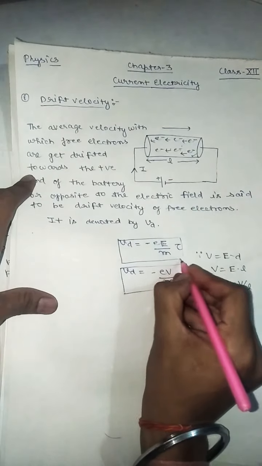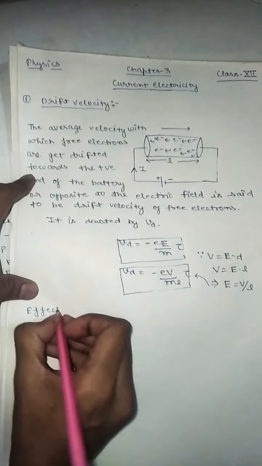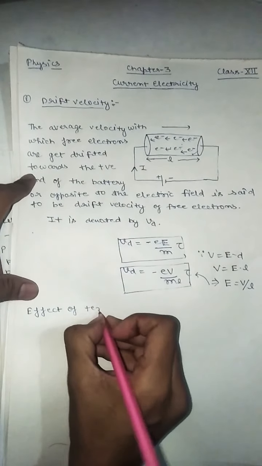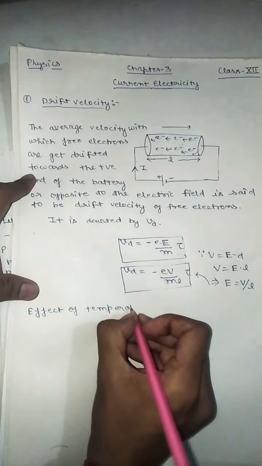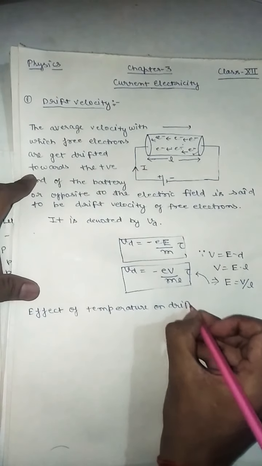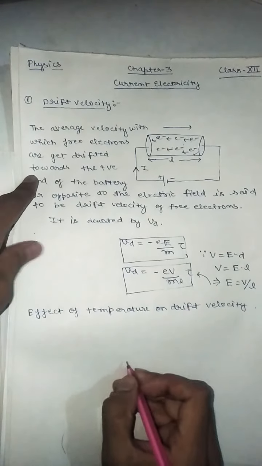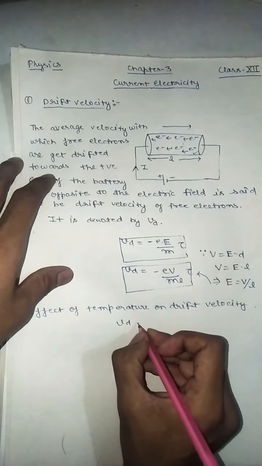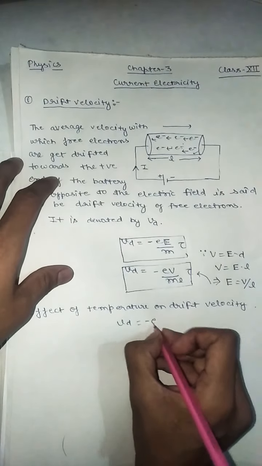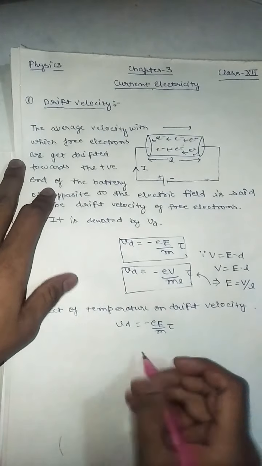Moving further, the effect of temperature on drift velocity. What is the effect of temperature on drift velocity? We have to discuss this point here also. As we know, Vd can be written as minus eEτ upon m, and we have discussed why minus is used here.